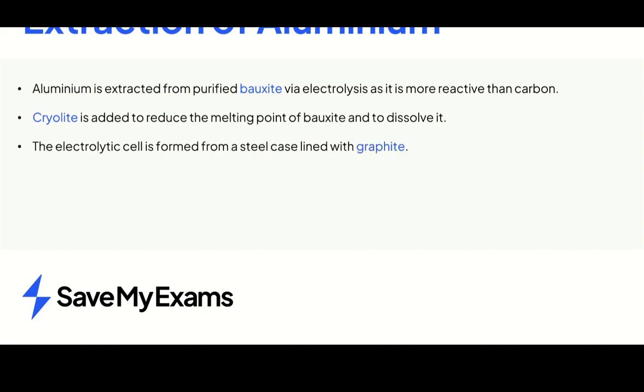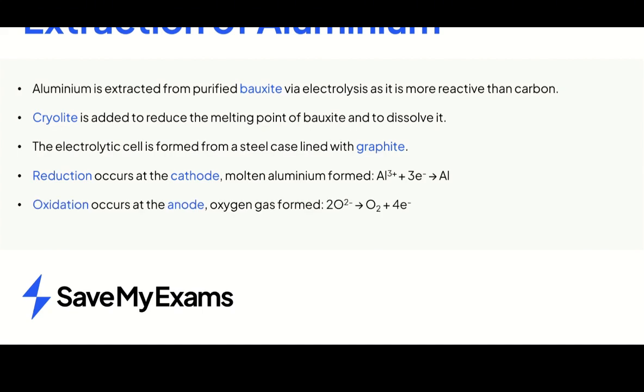The electrolytic cell is formed from a steel case which is lined with graphite. Reduction occurs at the cathode and molten aluminium is formed. Oxidation occurs at the anode and oxygen gas is formed. Extended students need to know the half equations that occur at the cathode and the anode.